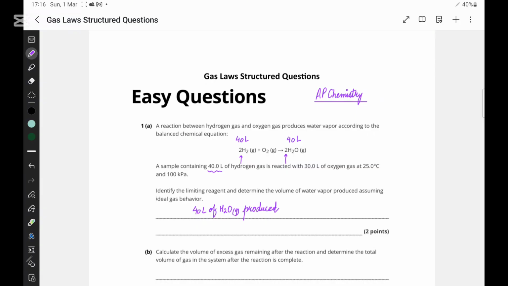For limiting reactant, we first need to find the moles of hydrogen gas, and as you know, that is available volume of hydrogen gas. So the moles of hydrogen gas is equal to volume of gas divided by 24 liter, which is the molar volume, and the moles of oxygen is going to be volume of oxygen 30 divided by 24.